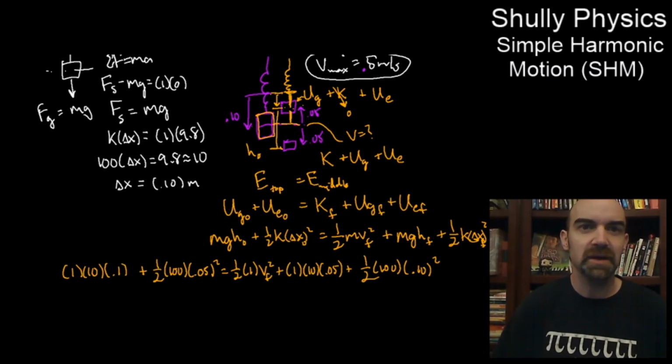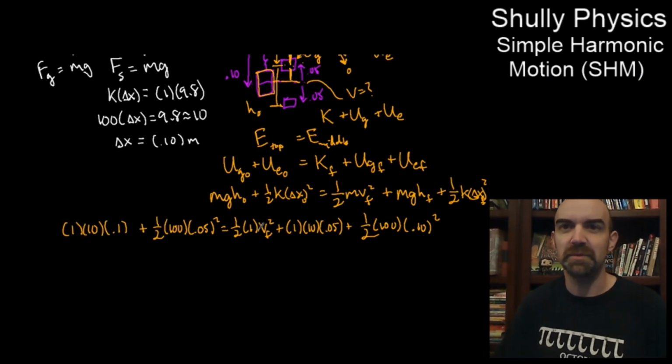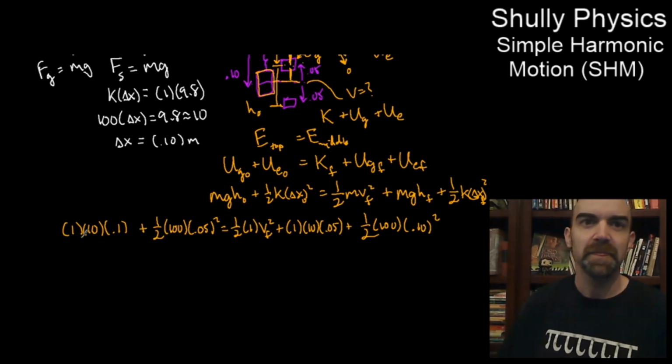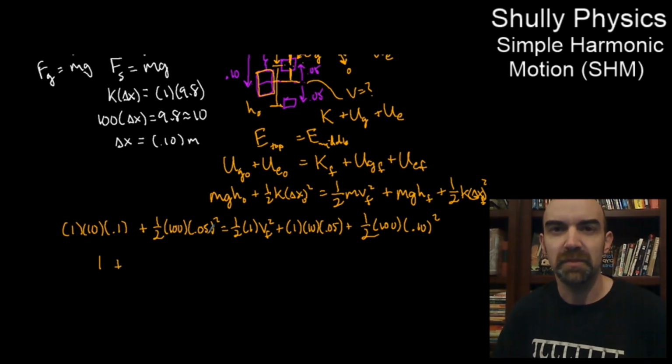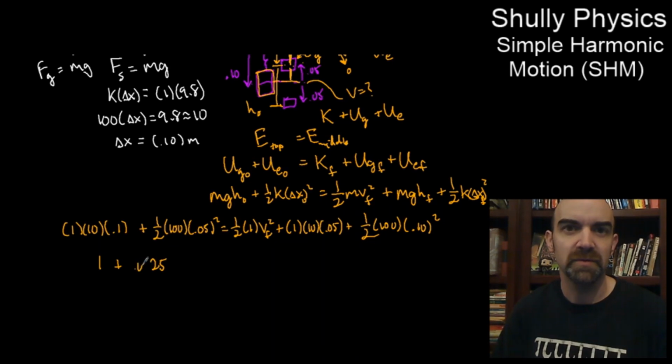Take a look at what we got here. We've got something that's completely solvable for VF. 10 times 1/10 is 1. We got a 0.00, oh my goodness. It's going to be 0.0025 times 50.